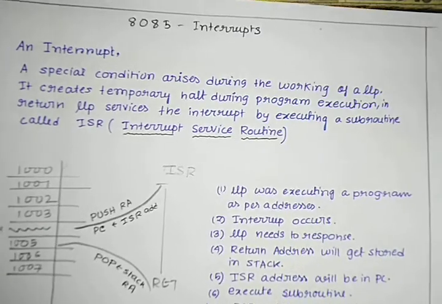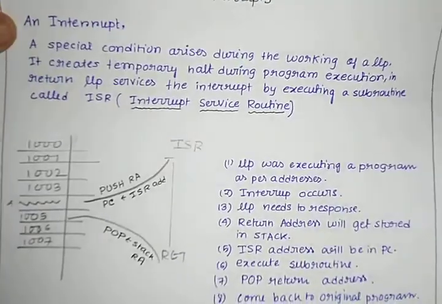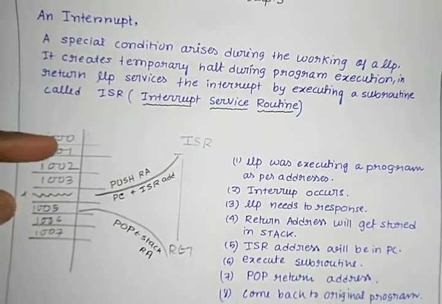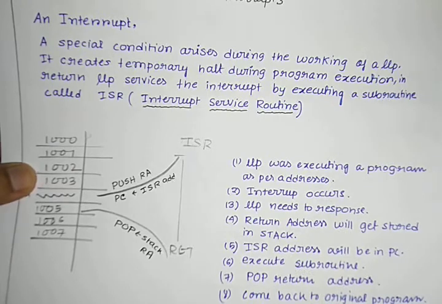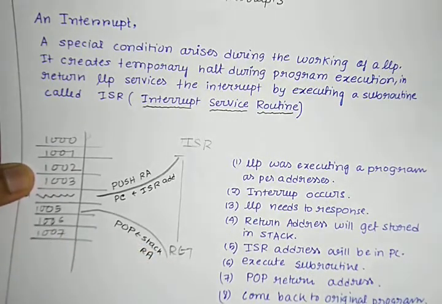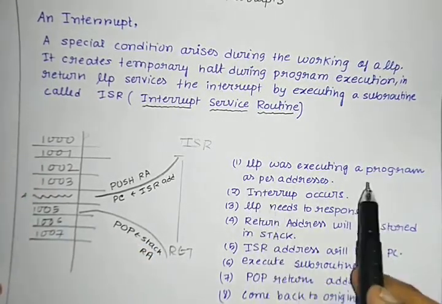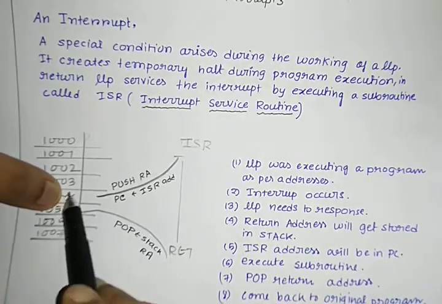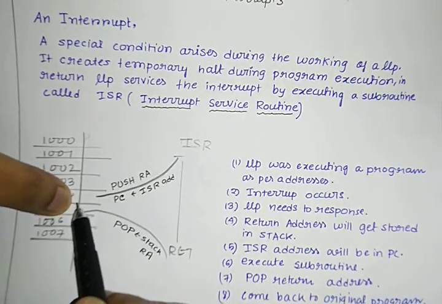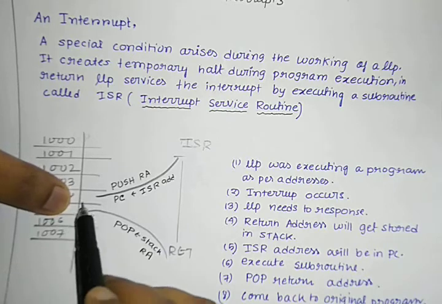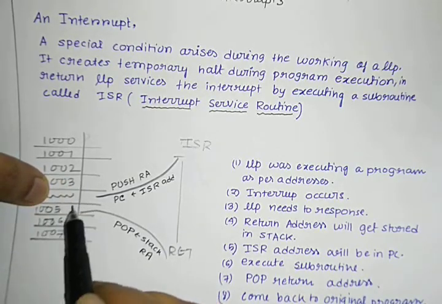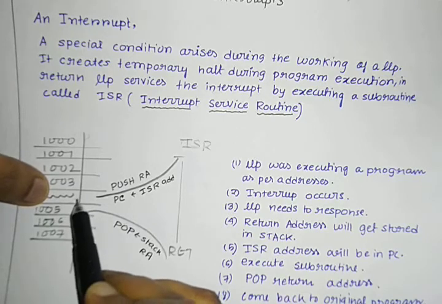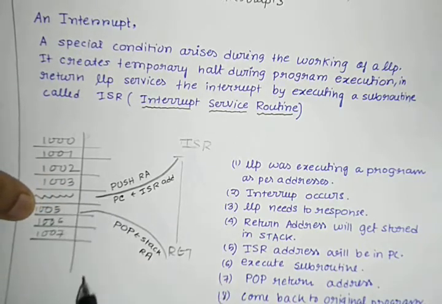So what are the steps that happen in an interrupt? This was my program, and it was executing according to the addresses. Now suddenly I get an interrupt. The microprocessor was executing a program as per addresses. Now the interrupt occurs, and the microprocessor needs to respond. As I told you, the call instruction will come here. Whenever there is a call, I need to store my return address. This was my return address.